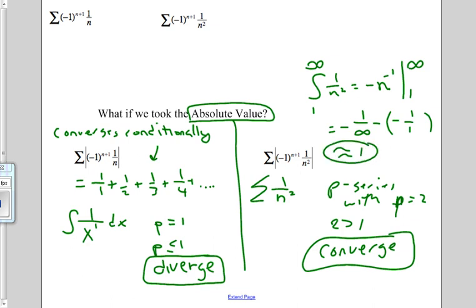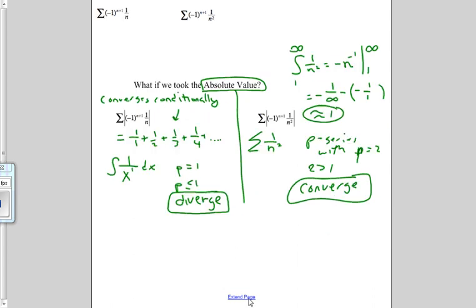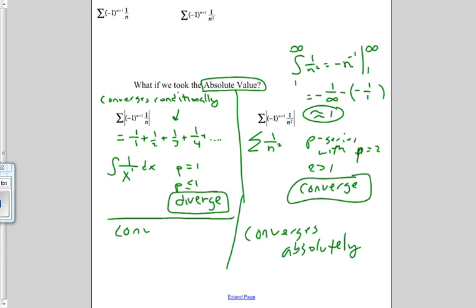So it's converging to a value. Because this converges when we take its absolute value, we can say that it has absolute convergence. This one on the right converges absolutely, even when we take away the alternating signs, whereas the one on the left converges only conditionally, on the condition that it alternates.